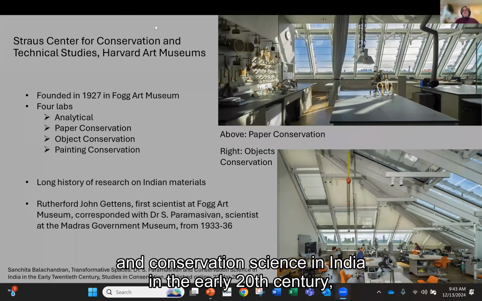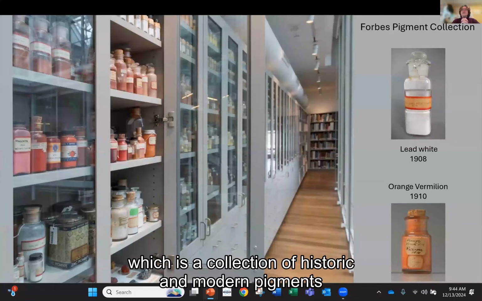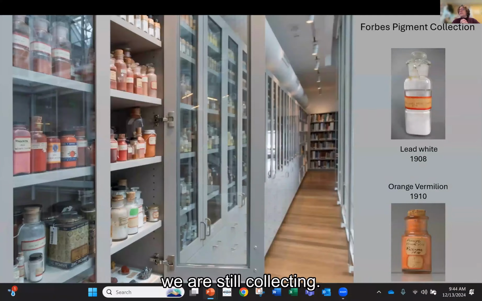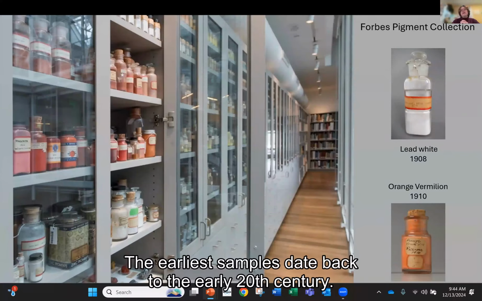As mentioned, the Straus Center also hosts the Forbes Pigment Collection, which is a collection of historic and modern pigments we are still collecting. The earliest samples date back to the early 20th century. They were collected by the second director of the museum, who was instrumental in founding the department and in appointing Gettens as the first chemist in a US art museum.